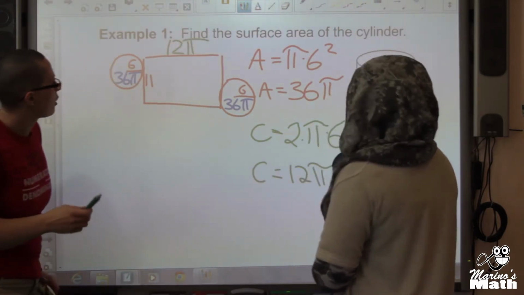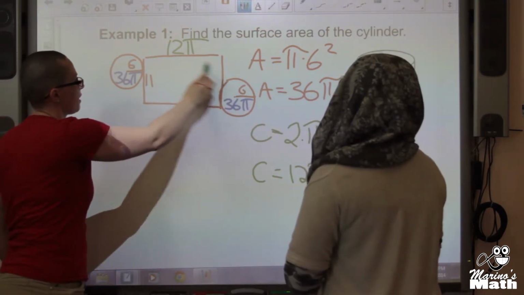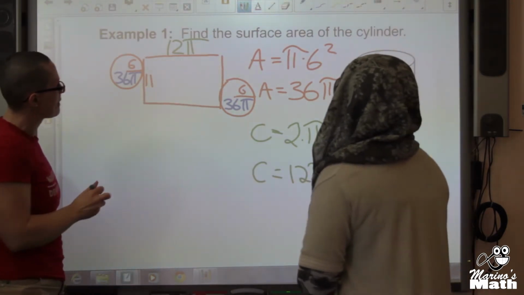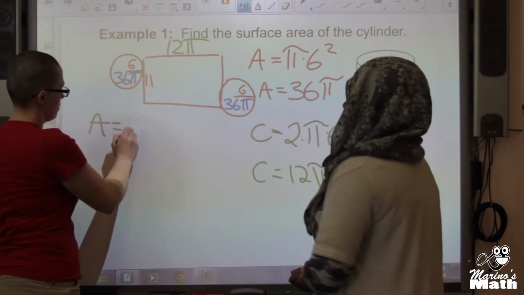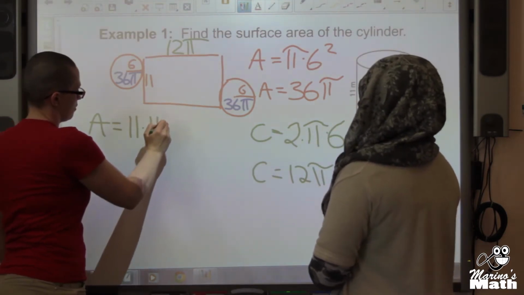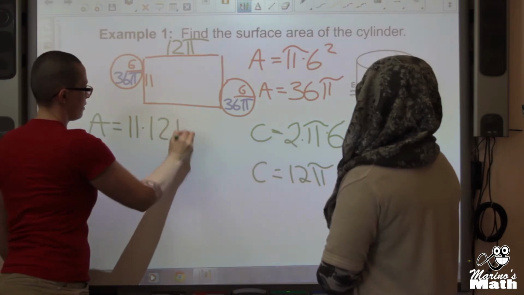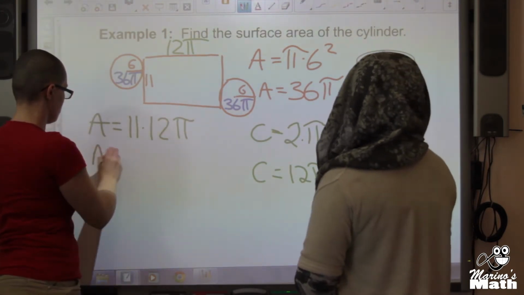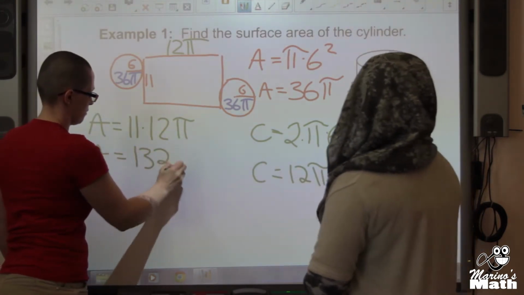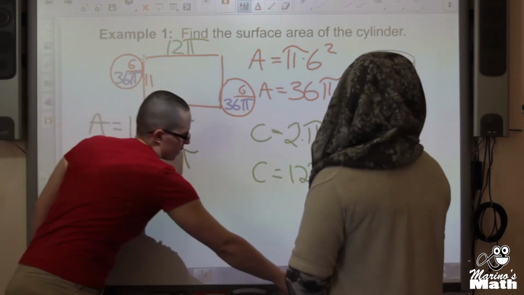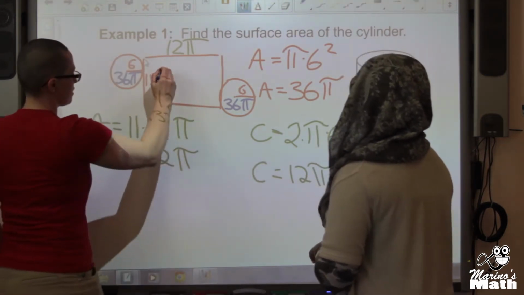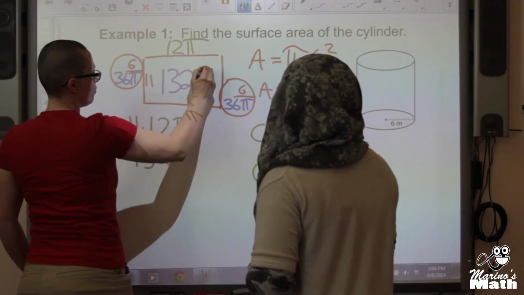Now in order to finish, we only need one more piece. How are we going to find the area for inside of here? So we have 11 times 12 pi, and you're saying it's 132? So our last piece is 132 pi.